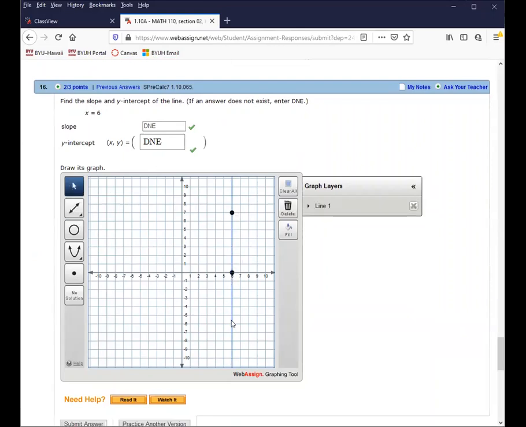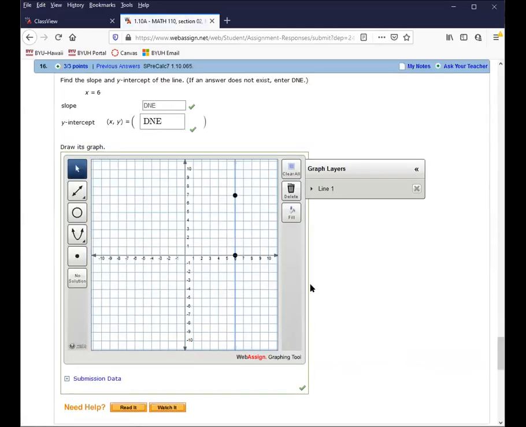So it could be this point over here or anything else, and then that should give it to you. You could choose this point here, or this point down here, just whatever you want. Just any 2 points along this vertical line will do it.